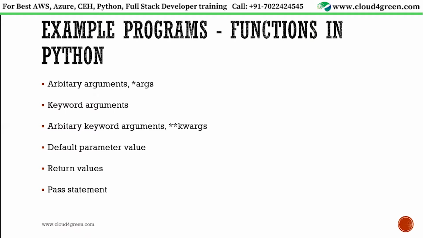So how do I pass it and how do I access it? Let us take an example for each one of it. Next, what is a keyword argument? You can pass arguments as a key and value pair. Let me give an example for it. The third one is a combination of arbitrary and keyword arguments.